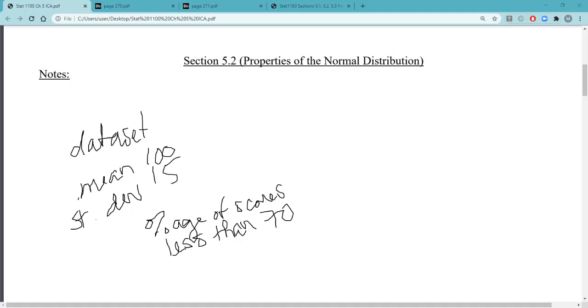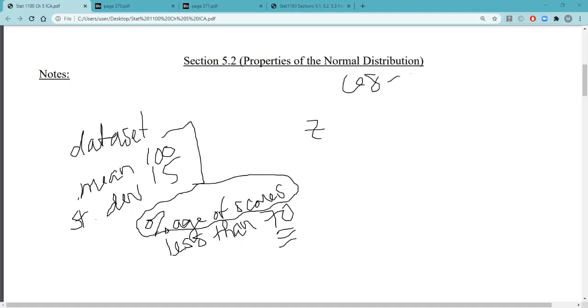Okay, so I'm given a mean and a standard deviation. For me to find the percentage of scores that are less than a certain value, I first have to see, is this a value that I can use my 68, 95, 99.7 rule on? So let's convert it to a z-score. I take the data value minus the mean over the standard deviation.